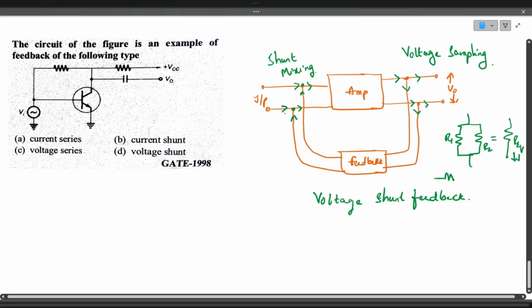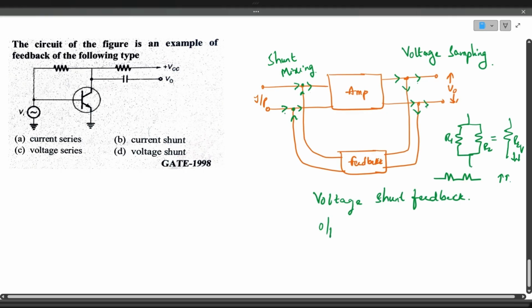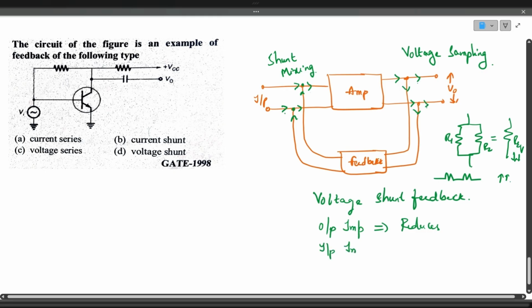When the resistances are connected in series, the equivalent resistance will increase. The same logic you apply here. You are taking the parallel sampling, so output impedance reduces. Similarly, you are giving the parallel mixing, shunt mixing, so input impedance also reduces.